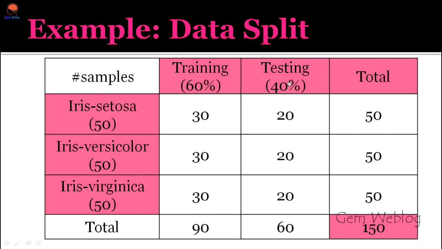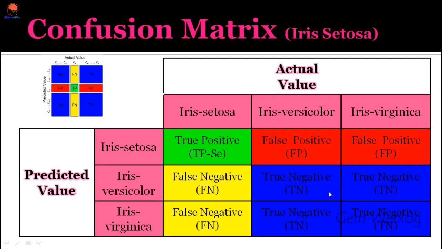Similarly, in the testing dataset, 40% has been taken, so 20 samples from iris setosa, 20 samples from versicolor and 20 samples from virginica. So totally 50 samples from each class. Now the training dataset contains 90 and the testing dataset contains 60 samples.